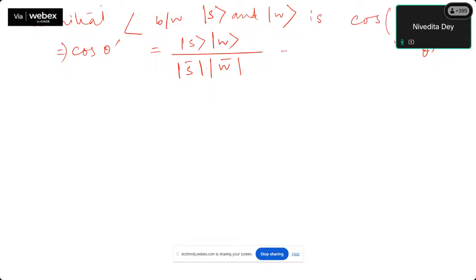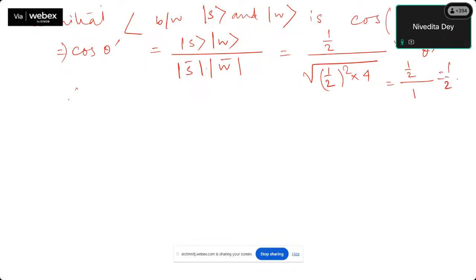So if you calculate it, it is basically half divided by root of half square plus half square likewise. So it's 4 into 1 by 4, that is 1. So it's half.